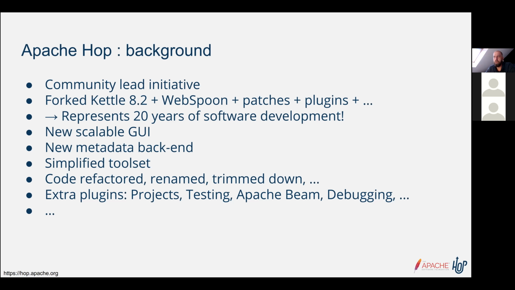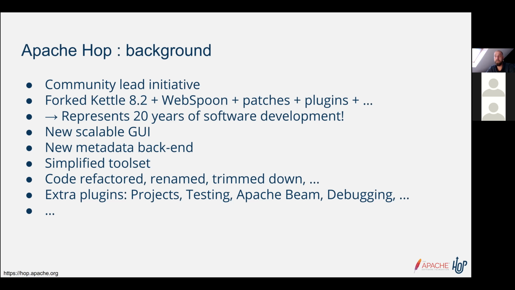The Spoon, the UI that you used to build workflows and pipelines in PDI and Kettle, was outdated, and we replaced that with an entirely new GUI that is starting more and more to look like a real IDE development environment for data orchestration, data engineering.